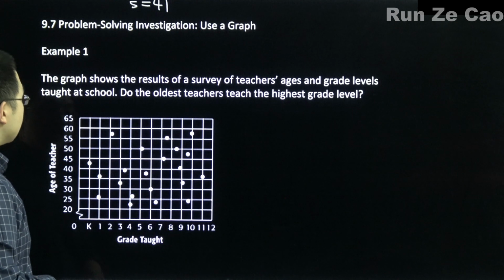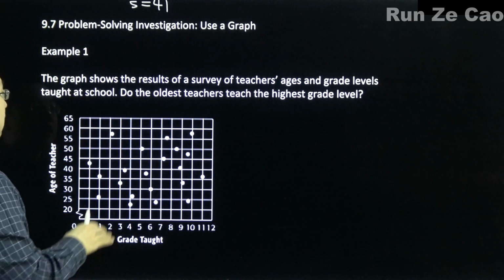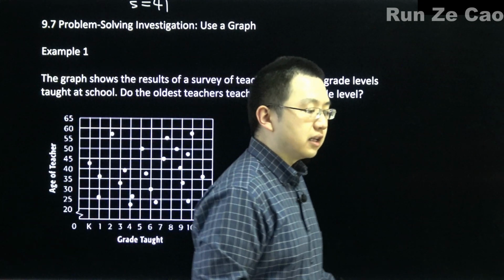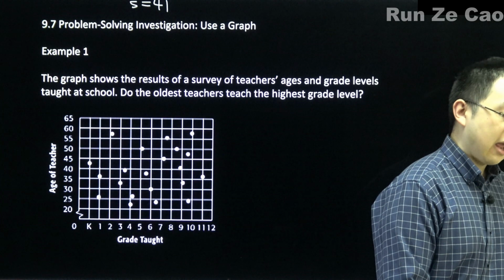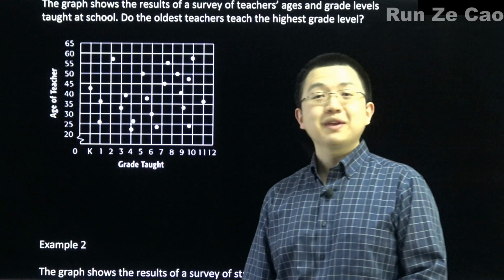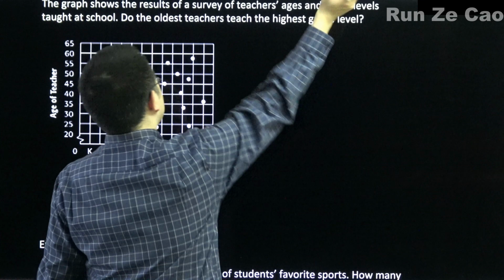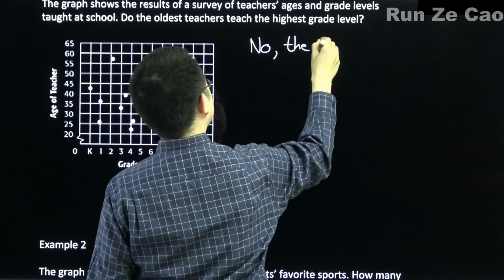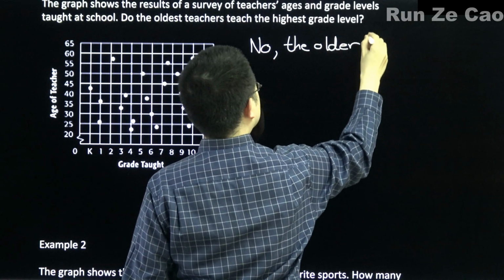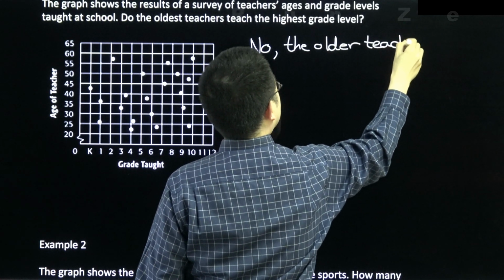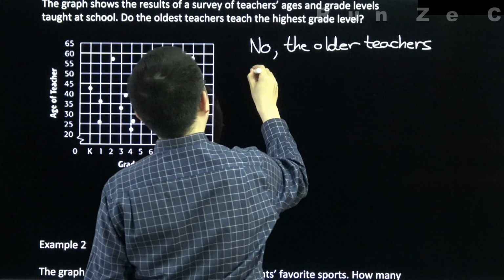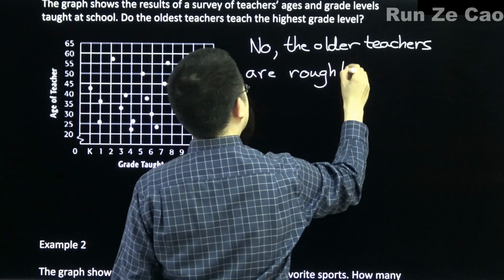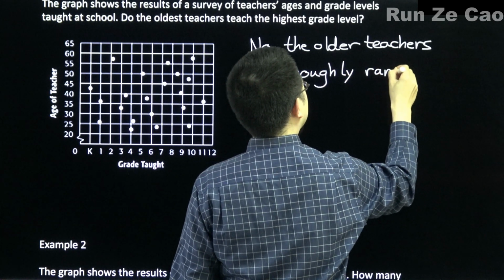I would say no. Any correlation here that you can find, yes, you can in fact find a linear regression here. You can find a correlation, but it would be so weak as to be irrelevant. No. Older teachers are roughly randomly distributed.